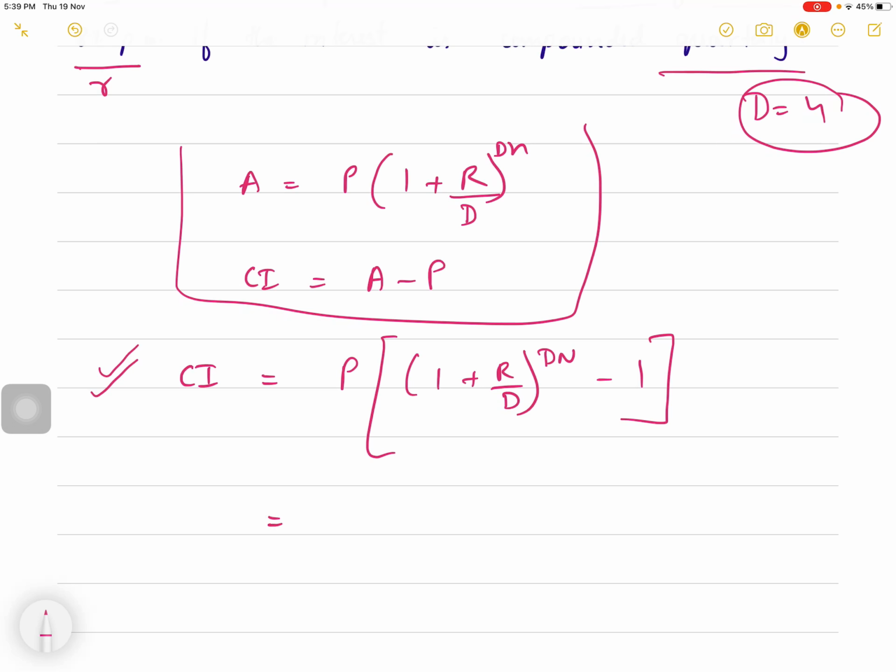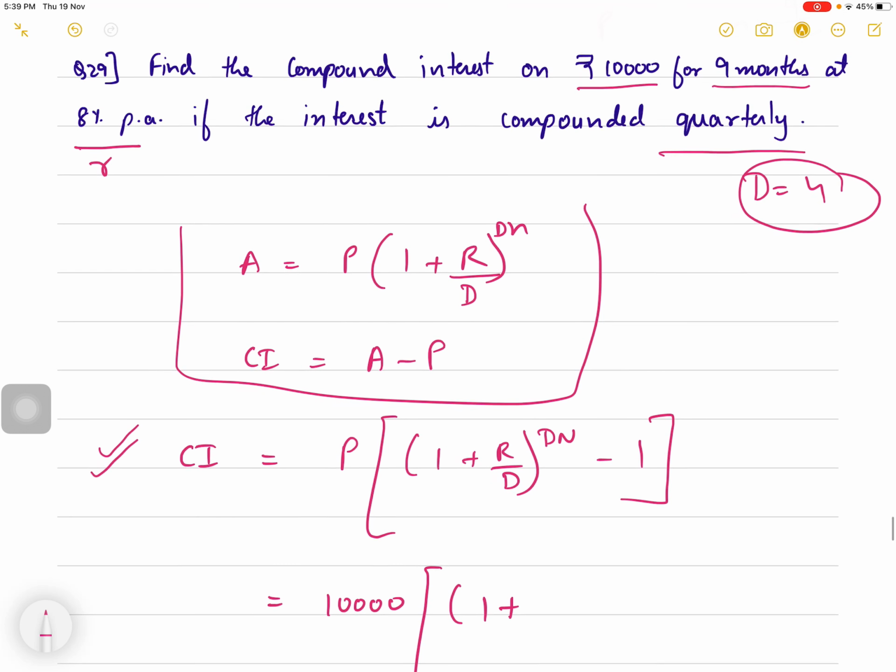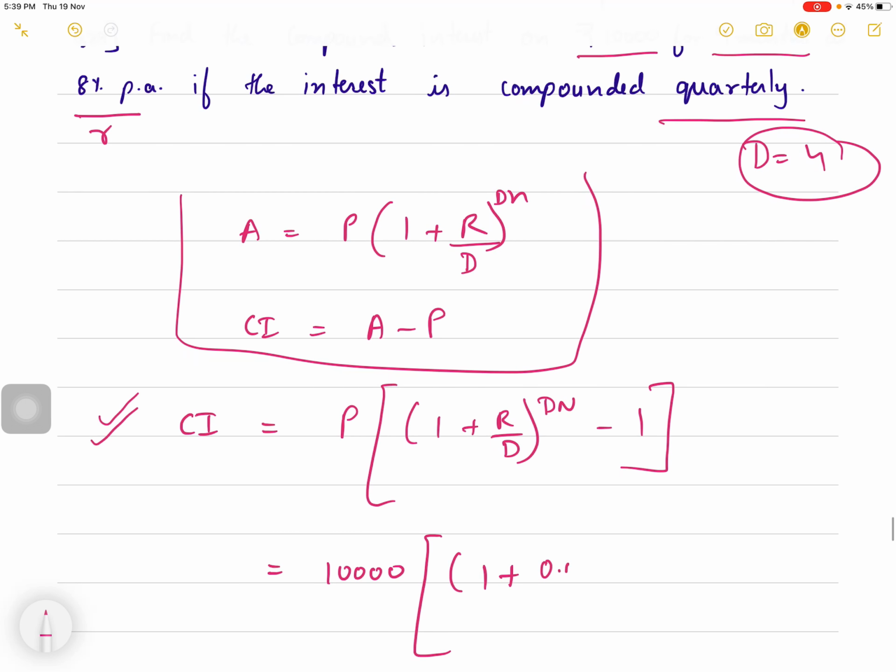Okay, so I'll use this formula and find out compound interest. So compound interest is equal to 10,000 into (1 plus r, which is 8%, so 0.08 upon D, which is 4) raised to D into n. D is 4 and n is 9 by 12, minus 1.